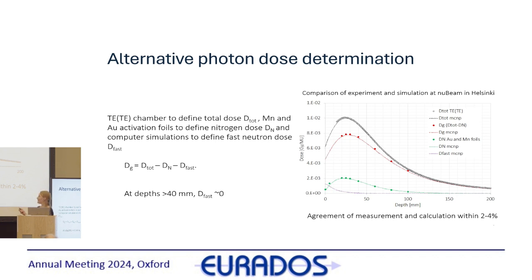And actually, when we go in the depth dose curve to 40 millimeters, 4 centimeters, our fast neutron dose is 0. So then it is actually experimental.